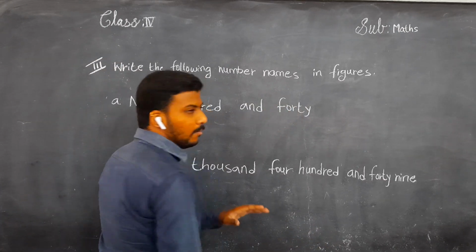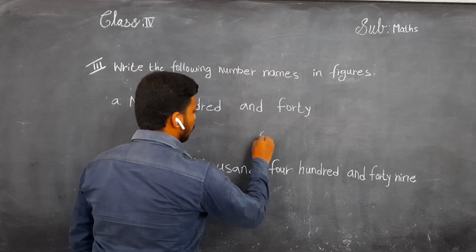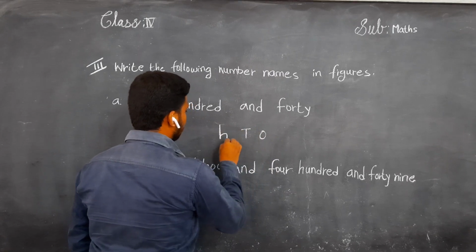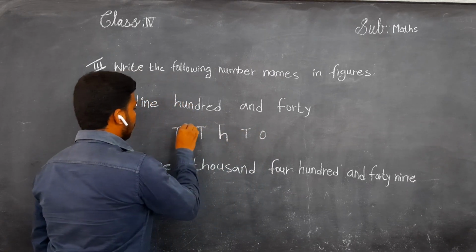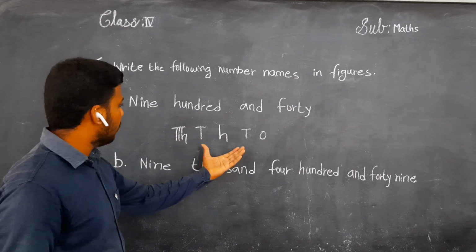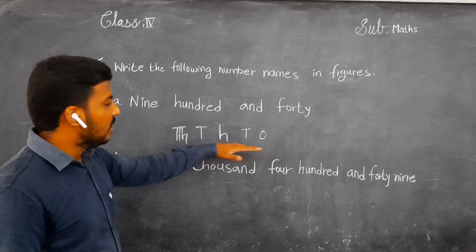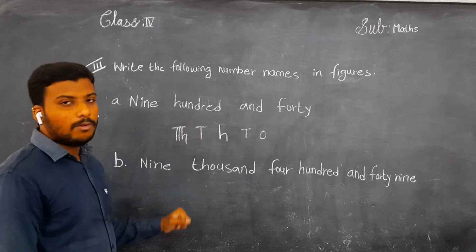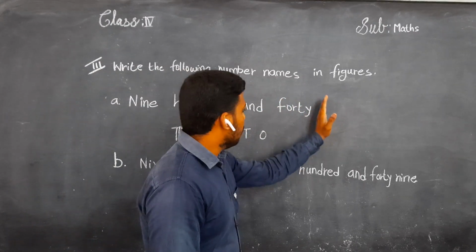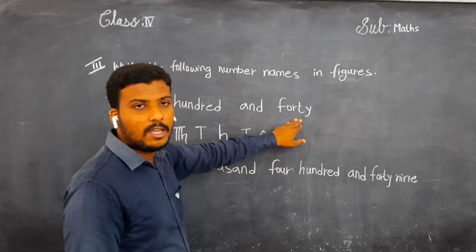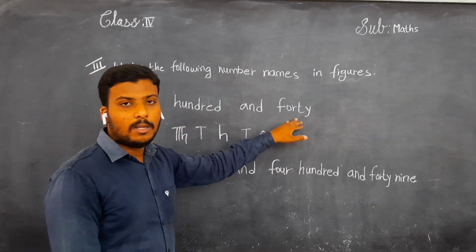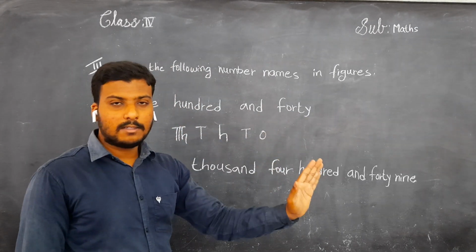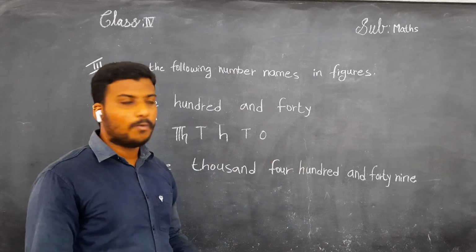For this you need the place value system, that is ones, tens, hundreds, thousands and 10,000s. For our requirement we have taken 5 place values: ones, tens, hundreds, thousands, 10,000s. Right now we will see from the right side onwards. Here we have 40. 40 means what? 4 into tens, that is 4 into 10, how much? 40.